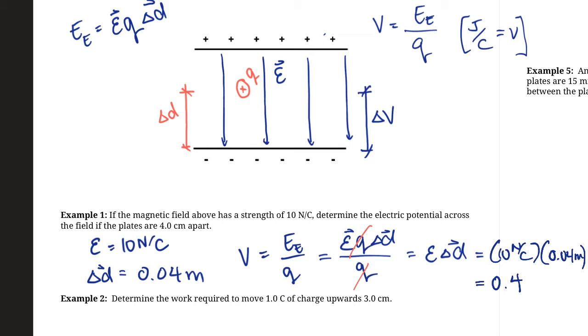And the units are newton meters per coulomb. Newton meters are a joule, so it's joules per coulomb, which is a volt. If you use all the basic units, it's going to come out as a volt.